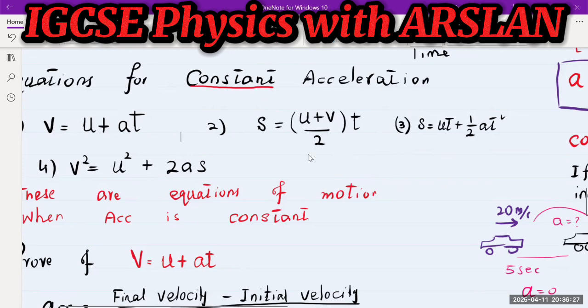You can see in the other equations the distance is given. And if the time is not given, you can see the last equation, v square is equal to u square plus 2as. Obviously, you will use the fourth equation. So by using this trick, you can understand which equation to use for the question.